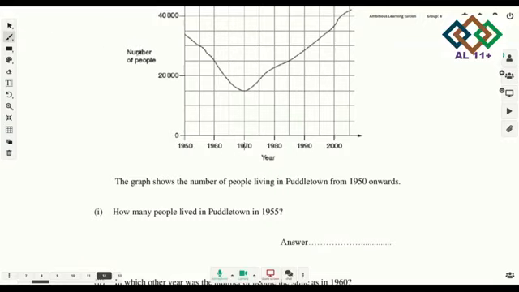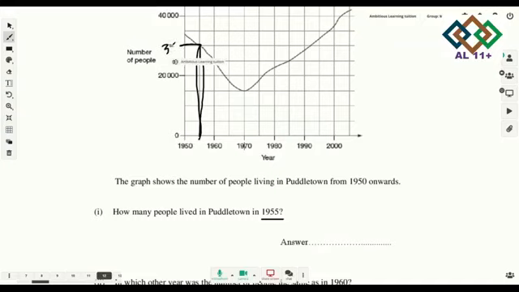So if you look at the graph here, the population in 1955 would be somewhere here. If I go all the way up here till the line, so that would be your population in 1955.